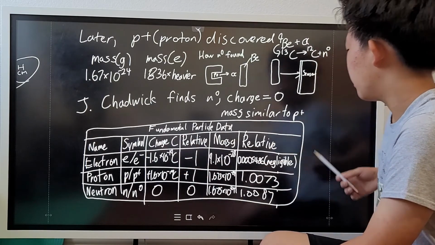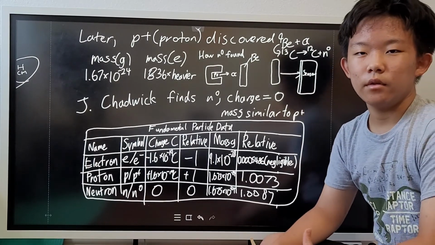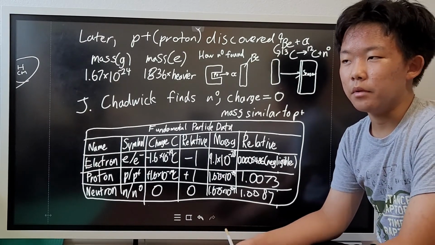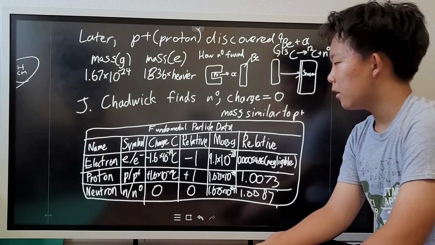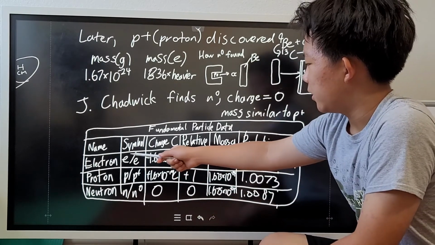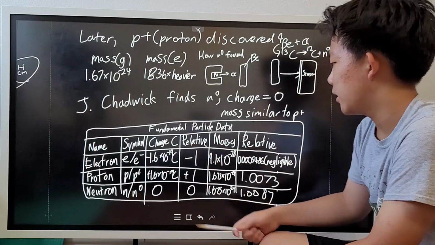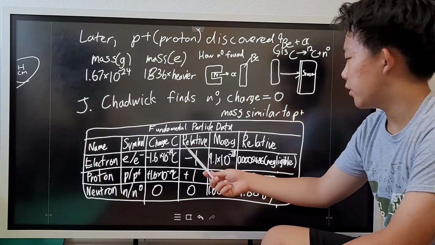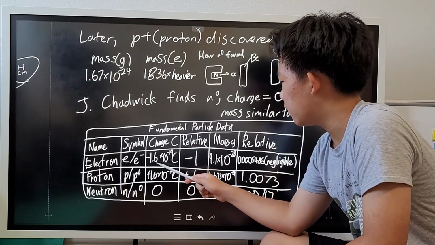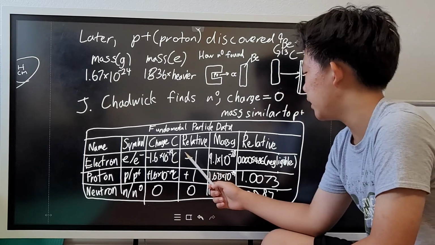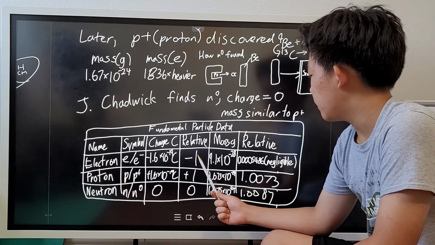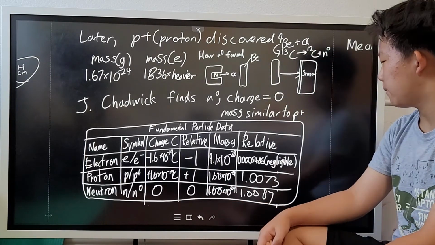Here in this chart, I have some data about the three fundamental particles. The electron, or simply e or e minus, has a charge in coulombs of negative 1.6 times 10 to the negative 19, where the relative charge is only negative 1.